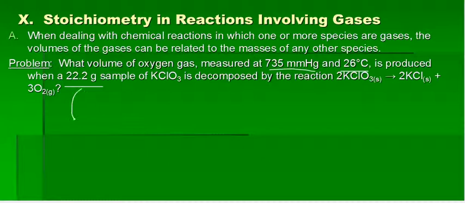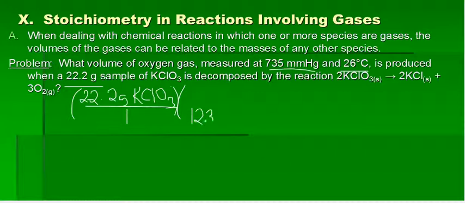We're going to take the 22.2 grams of that solid, and we need to convert that to oxygen, which is the gas. So we're going to do grams to moles, stoichiometry, 123 grams per mole of the KClO3, and then we're going to do a mole to mole ratio. We want to go to oxygen.